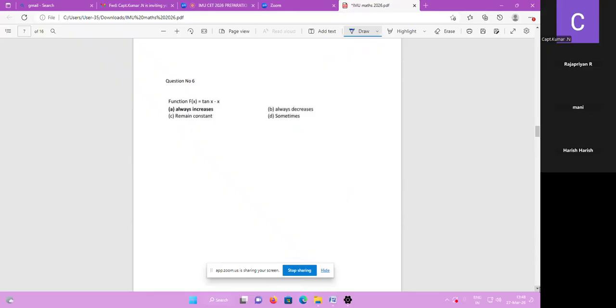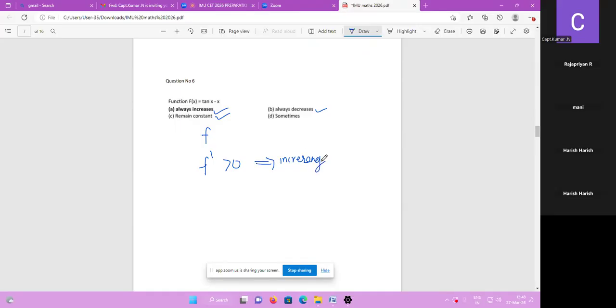Now, a function capital F of x equals tan x minus x. What do you mean by increasing, decreasing, remaining constant, and so on? The definition for increasing: they will give f, you have to find the derivative of f. If it is positive, you can say your function is increasing.